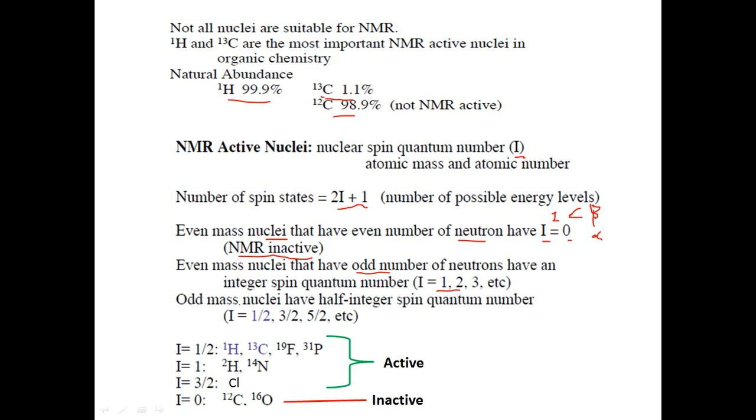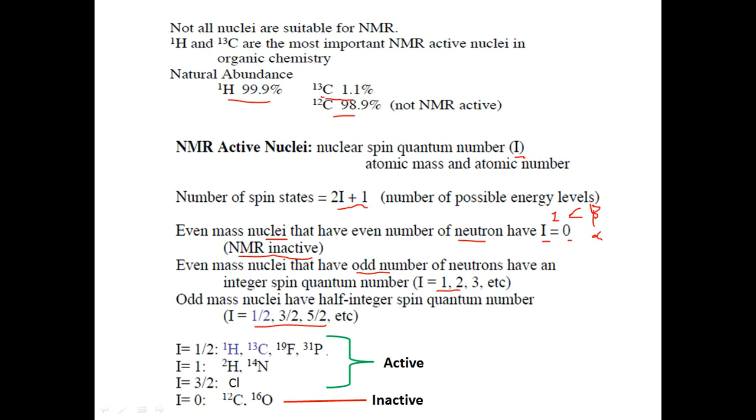These are also NMR active. And odd mass nuclei, that is atoms having an odd mass number, have half-integer spin quantum numbers, that is 1 by 2, 3 by 2, 5 by 2. So these are some examples of NMR active nuclei, right?